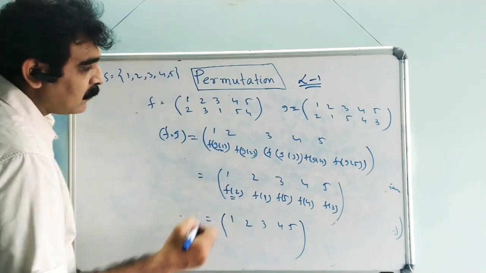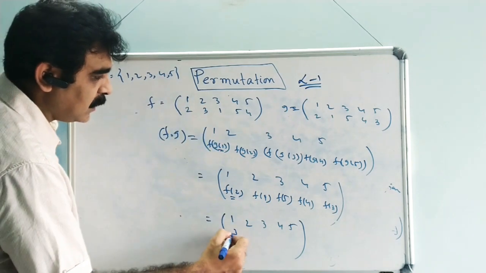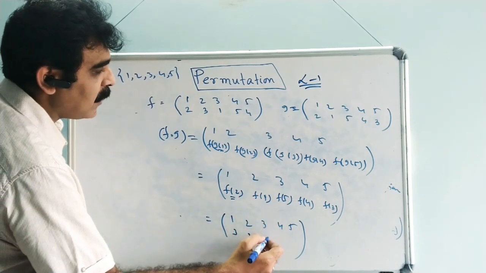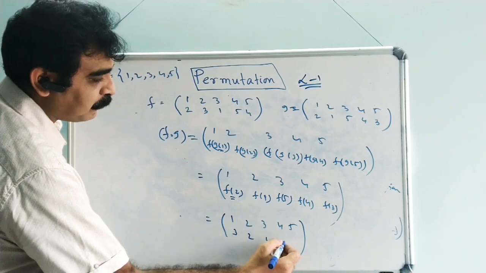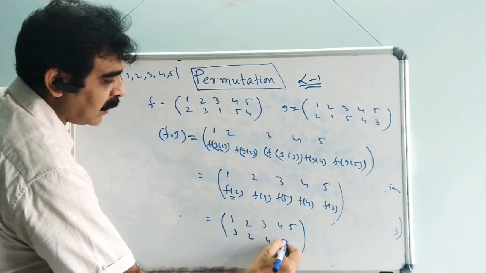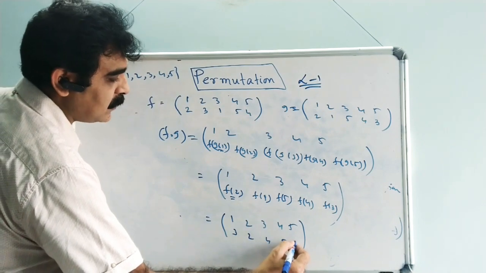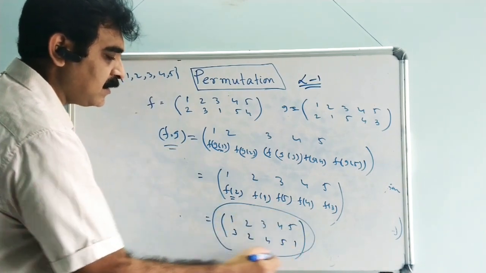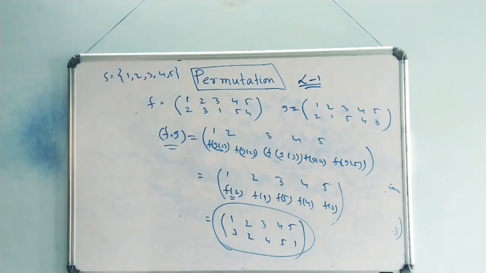Here F of 2 is 3, F of 1 is 2, F of 5 is 4, F of 4 is 5, and F of 3 is 1. So this is the composition of F and G.